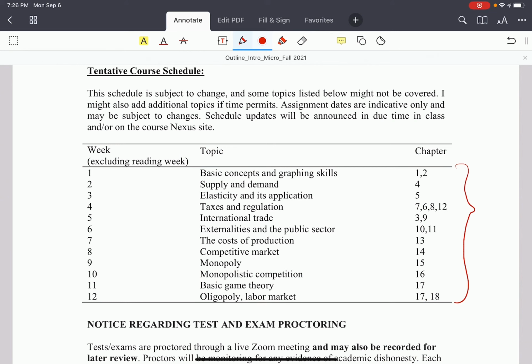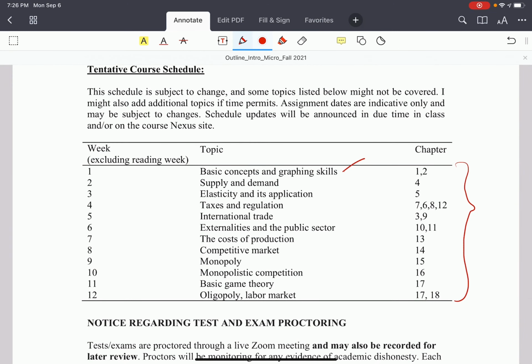And we will learn some basics. And then we will focus on market equilibrium. So to understand market equilibrium, we will learn about supply and demand, because these are the basic components of a market. And by understanding these basic components, then you will understand equilibrium.